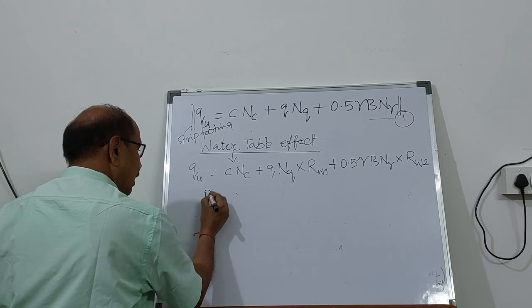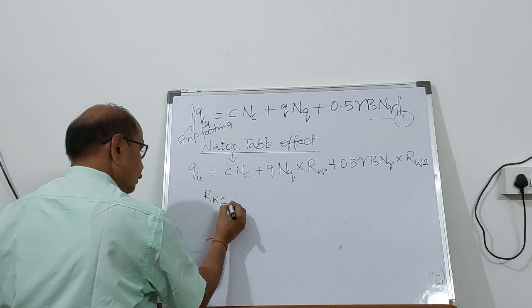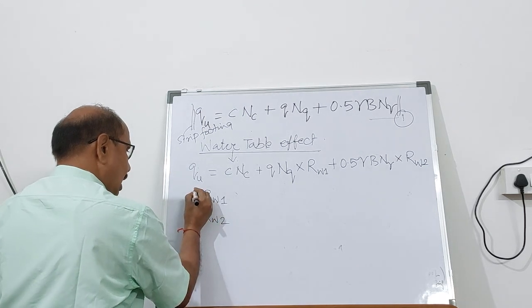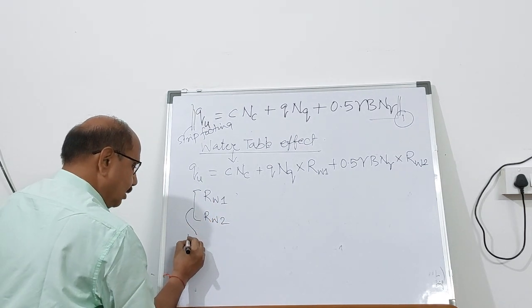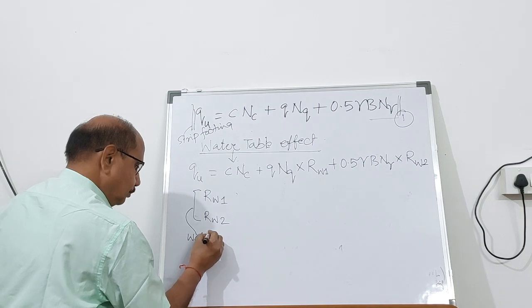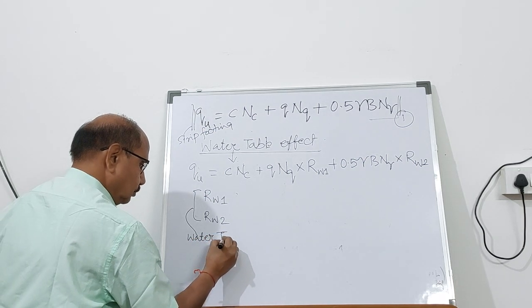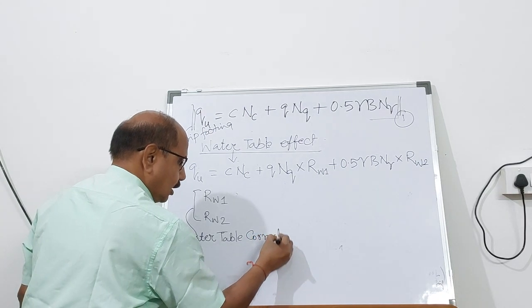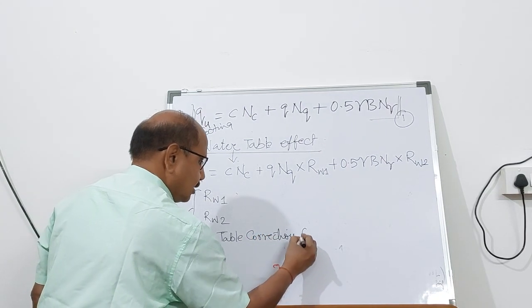So Rw1 and Rw2 are called water table correction factors.